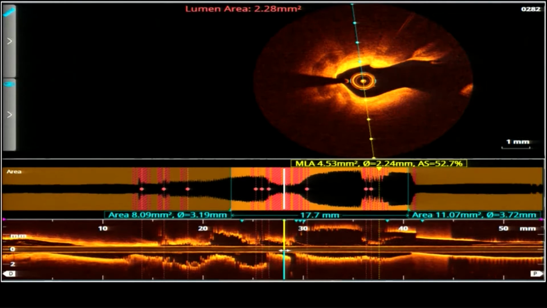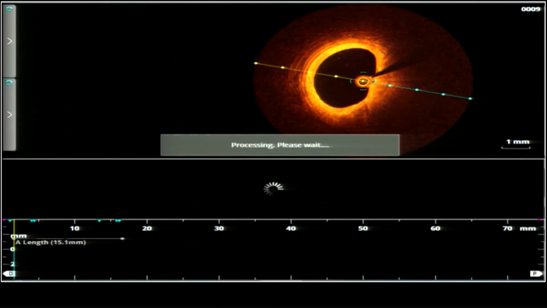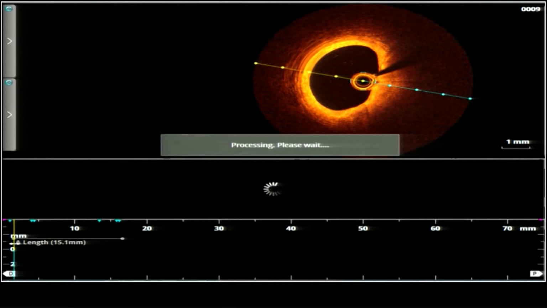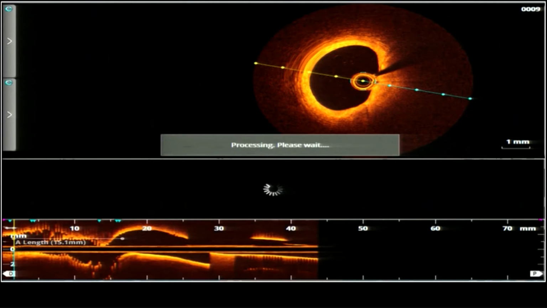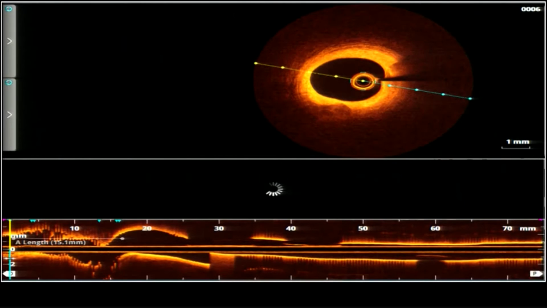Here also we are not very sure about the ostium of the circumflex. So we thought we'll go for the next OCT run from circumflex into the left main to define the ostium of the circumflex. So this is the OCT run from circumflex to left main.